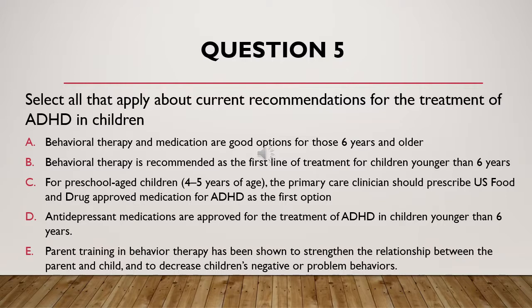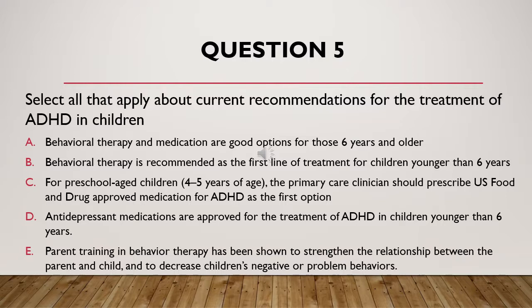And question 5. Select all that apply about current recommendations for the treatment of ADHD in children. A. Behavioral therapy and medication are good options for those 6 years and older. B. Behavioral therapy is recommended as the first line of treatment for children younger than 6 years.